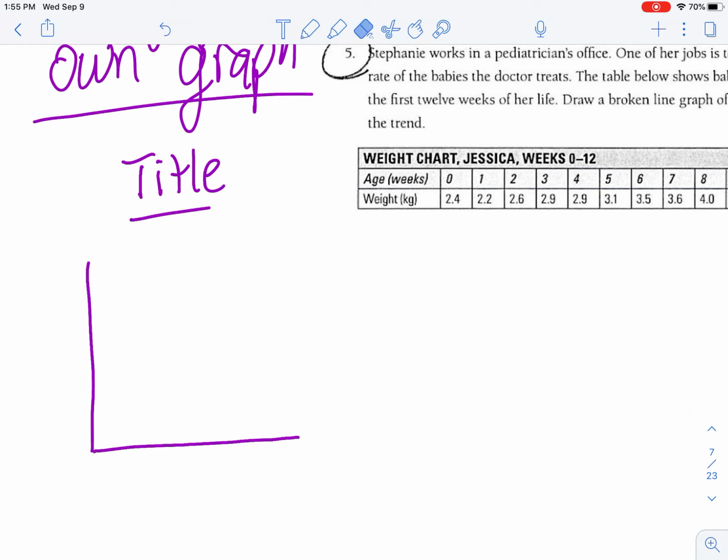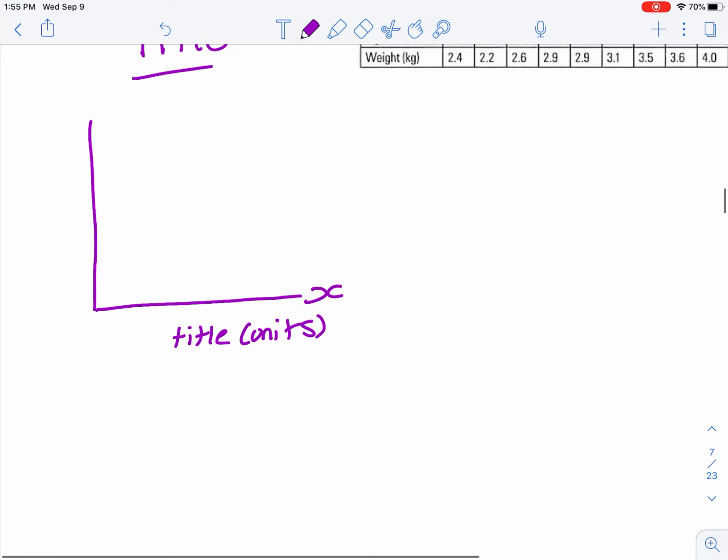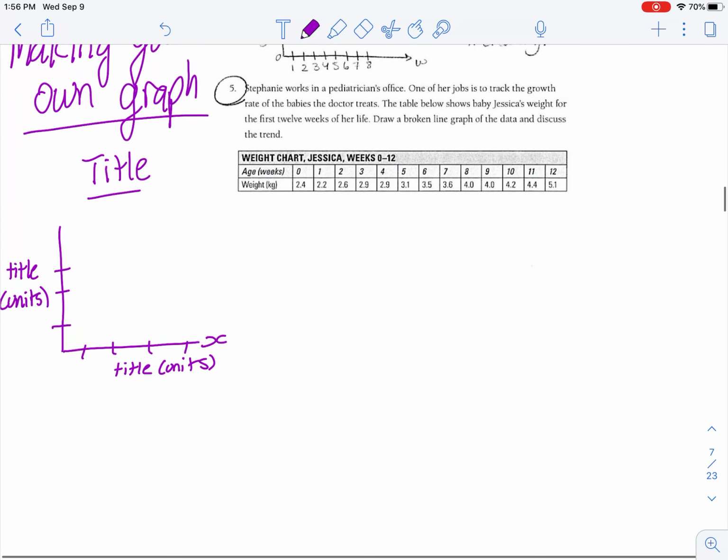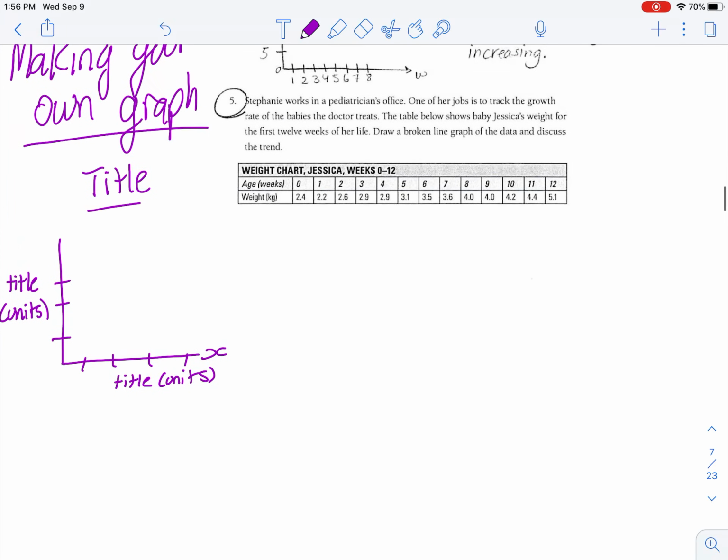State what your x-axis is, give it a little title, and also give the units. Same thing over here: what's your y-axis? And give the units. You need to make proper increments so they go up by the same amount on the x-axis and the y-axis. And that's pretty much it.